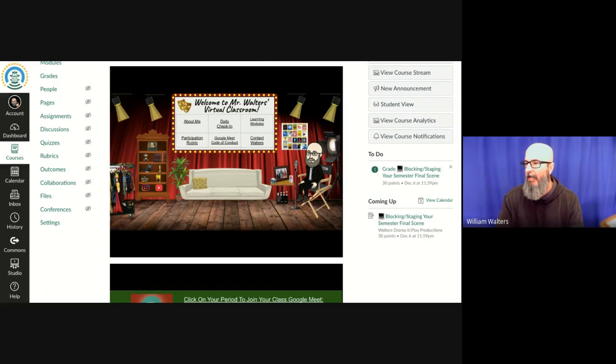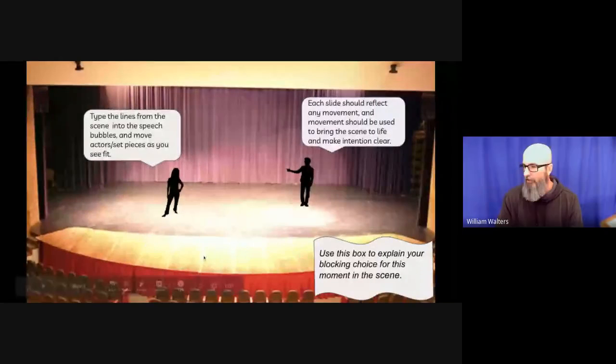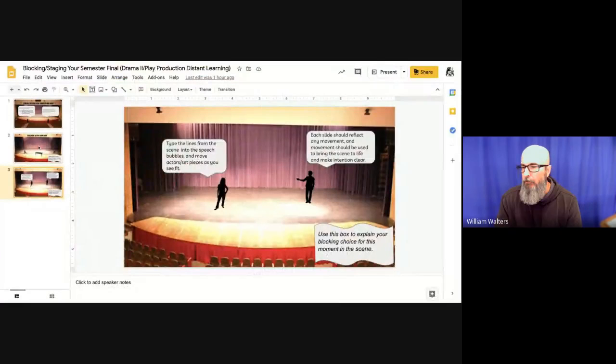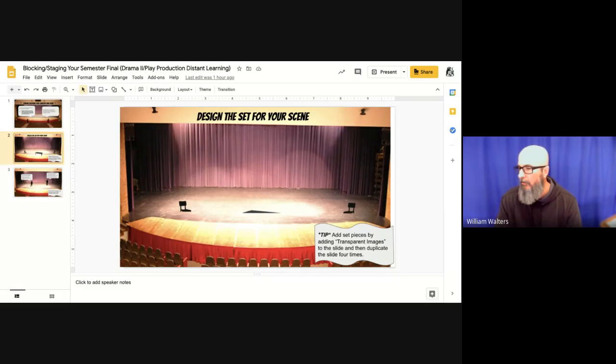Okay, so now let's talk about how you do what you do. The first thing you got to do is go into editing mode, so let me hit exit. Over here where you're designing the set, I gave you a little tip.